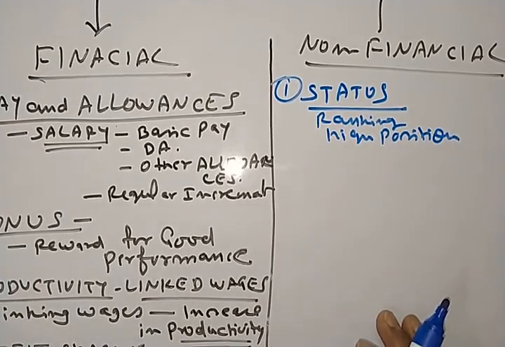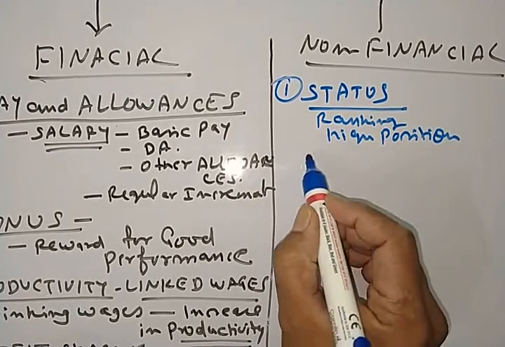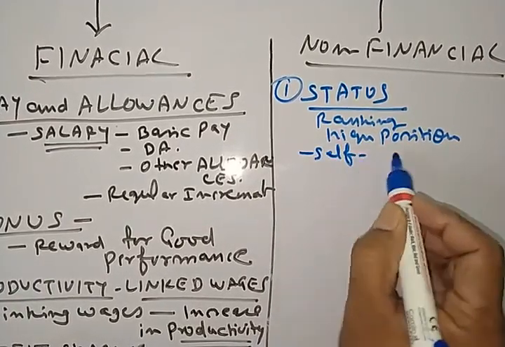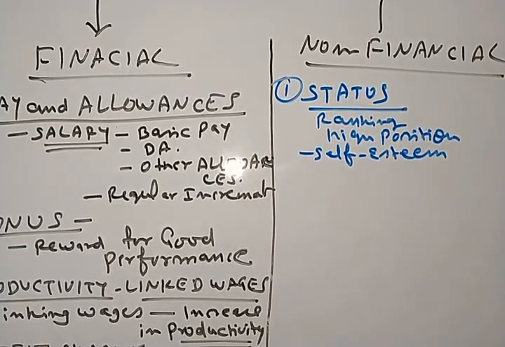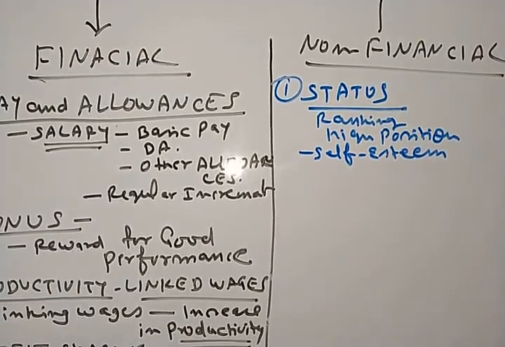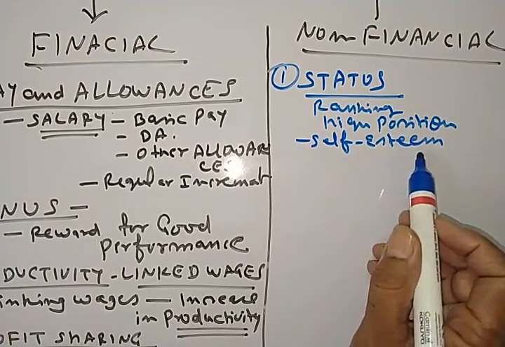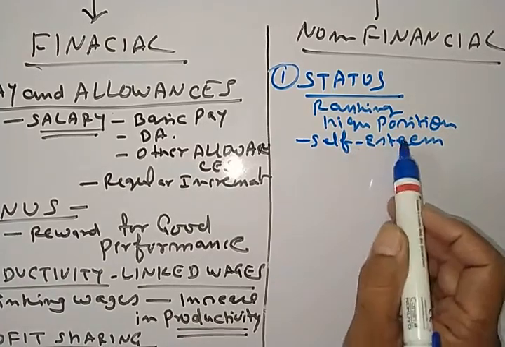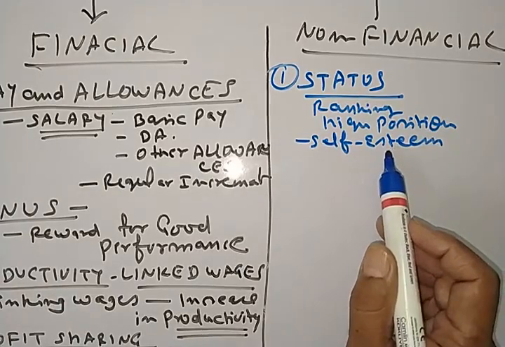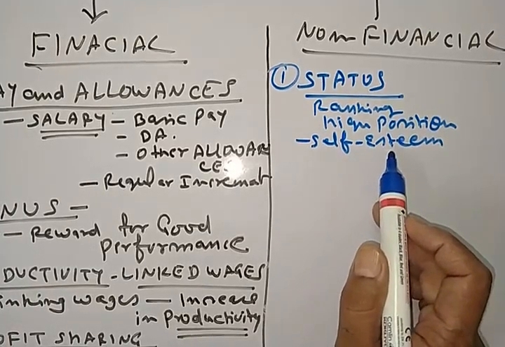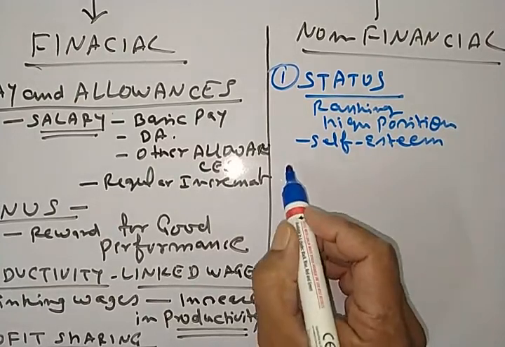Status satisfies self-esteem and psychological needs. Self-esteem needs were at number 4 in Maslow's need hierarchy theory. So when these needs are satisfied, the employee feels motivated for working, right?